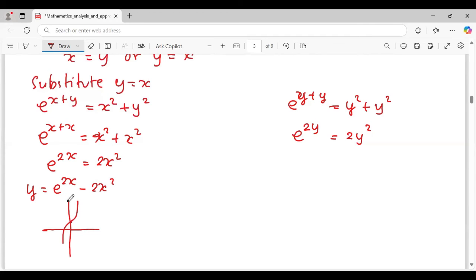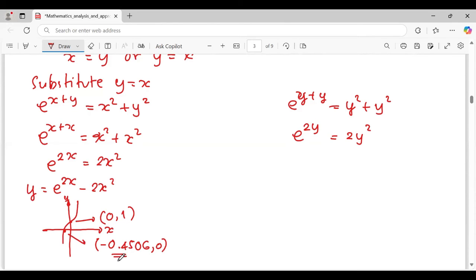This coordinate point is 0, 1, while the intercept between this graph and the x-axis is minus 0.4506, 0.